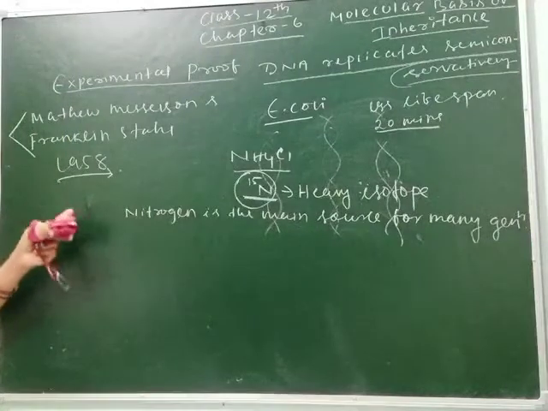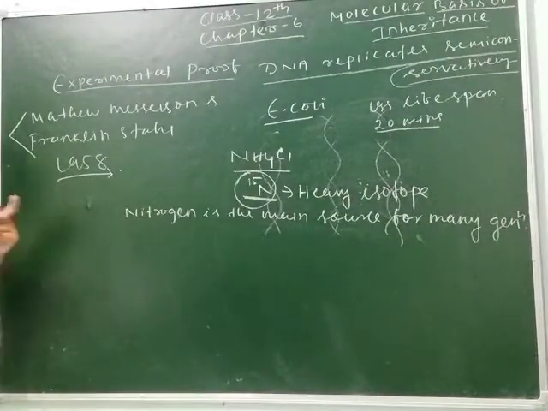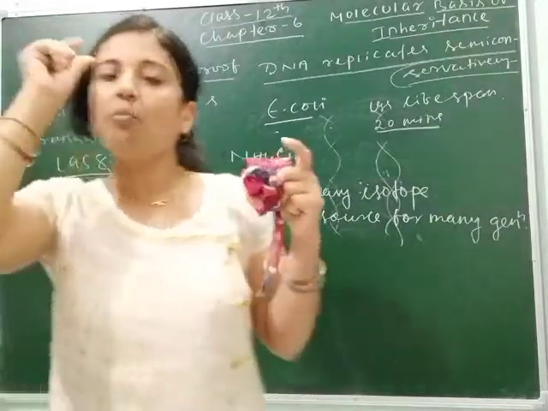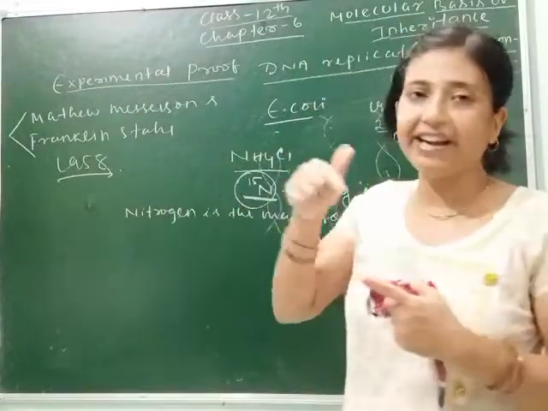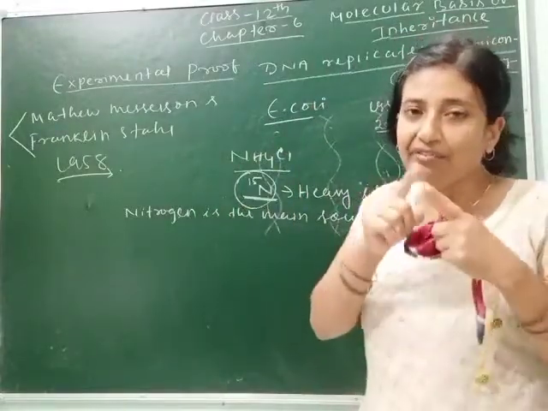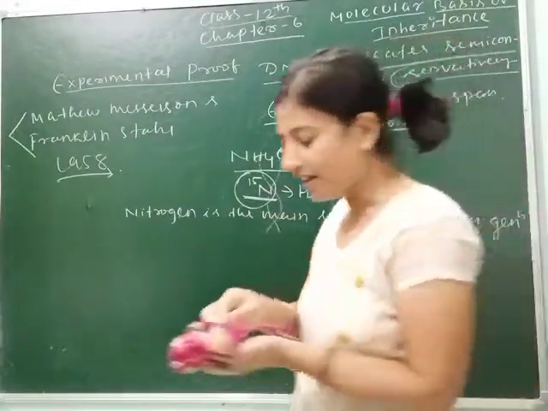As we know, when E. coli is grown in the nitrogen medium, the nitrogen is incorporated into the E. coli, means nitrogen 15 gets into the E. coli, and when E. coli divides, the nitrogen 15 also gets divided.